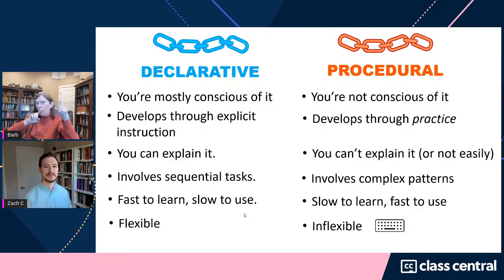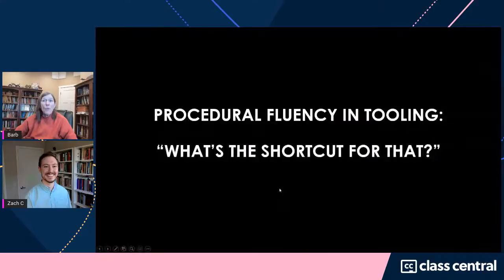We need to not only have a declarative set of links, we need to have a procedural set of links, because you're doing it a lot, and we want to give you these sets of links so you can just do this thing without even thinking about it. And this, as Zach will tell you, is a very important part of learning to program well.